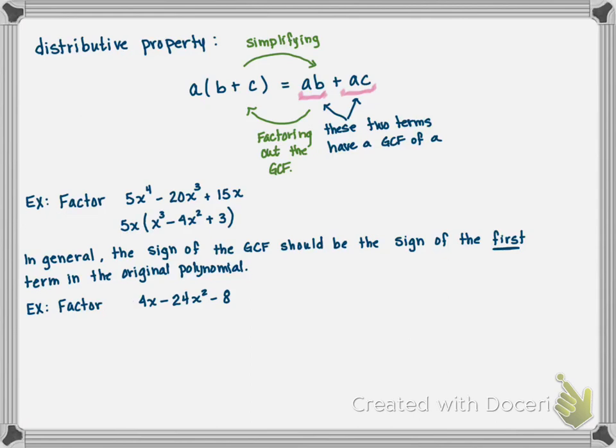So when we get to this example, we say, okay, that's not in descending order. Remember, descending order means that the degrees go from highest to smallest. So the largest degree is that negative 24x squared, so that should come first. And then 4x, and then negative 8. And so the first term is the leading term, the term with the highest degree.